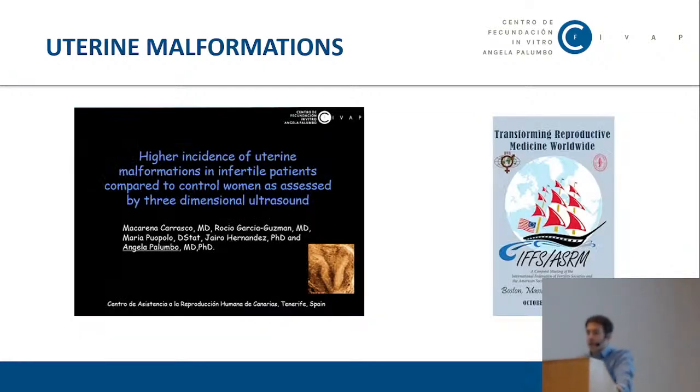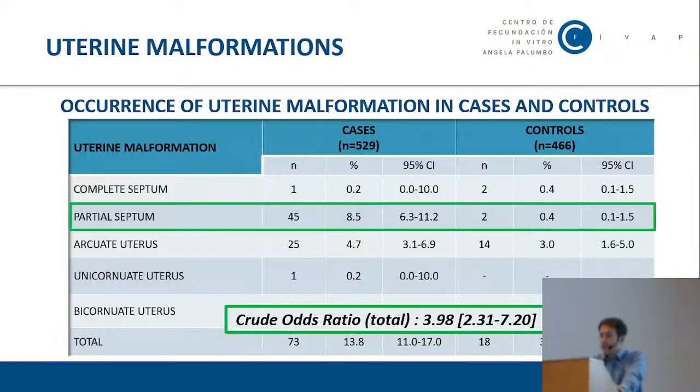In ASRM 2013, Dr. Angela Palumbo presented this study about the incidence of uterine malformations, comparing infertile patient cases with the general population controls. Uterine malformations were significantly higher in the infertile patients, and the most frequent malformation observed was the partial septate uterus.